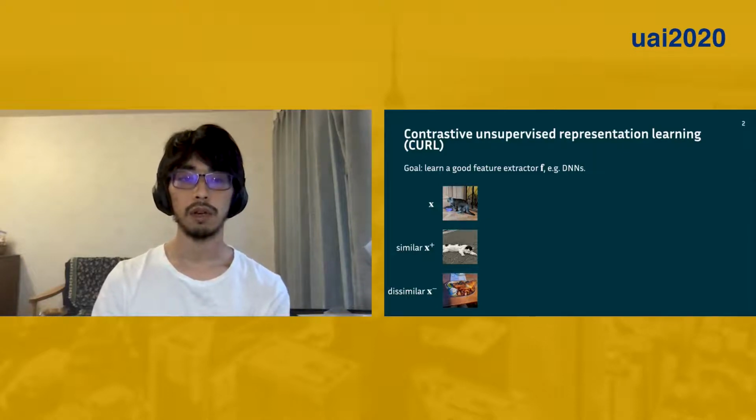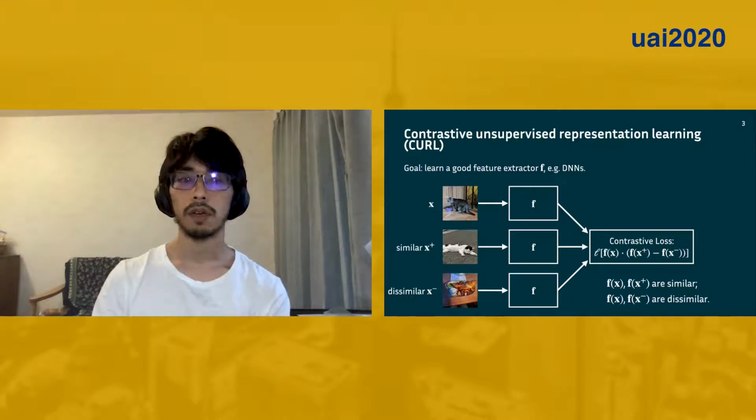CURL aims to learn a feature extractor f, such as a neural network, that extracts a good feature vector by solving a contrastive unsupervised task. Roughly speaking, CURL assumes that we can access a triplet of samples: a base sample x, for example, a cat image, a similar sample x plus, for example, another cat image, and a dissimilar sample x minus, for example, a fish and chips image.